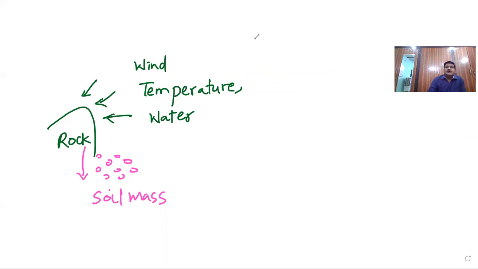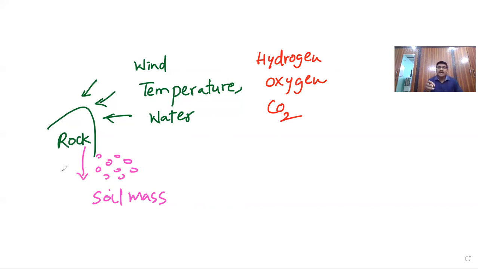Chemical agents are such as hydrogen, oxygen, carbon dioxide. All these are the chemical agents. If the chemical agents are acting and making some reaction here, that is known as chemical weathering. Physical agents acting is physical weathering. If the chemical agents are acting, it is known as chemical weathering.